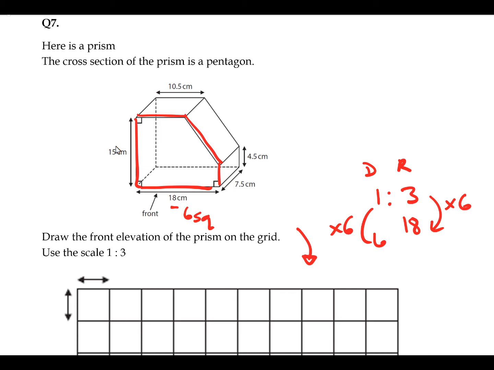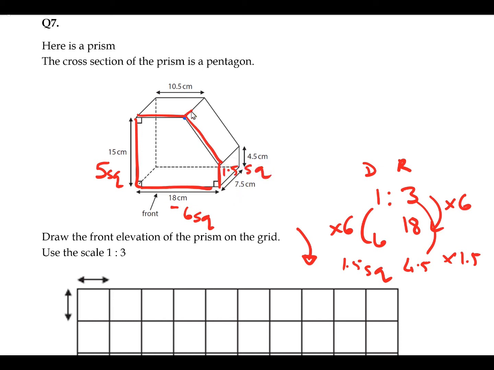Same for the 15, if we divide it by 3, we end up with 5 squares for this. We've got 4.5 for this edge here, so if we use it here, 4.5. So to get from 3 to 4.5, we've multiplied it by 1.5, so we need 1.5 squares for that measure.